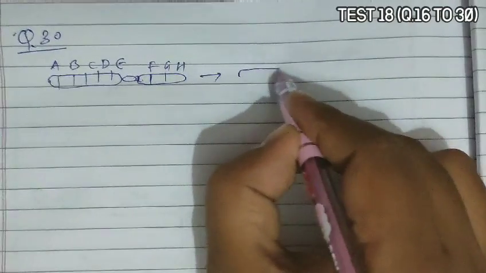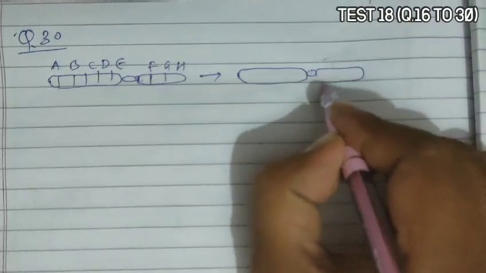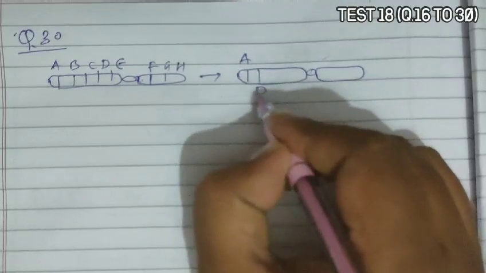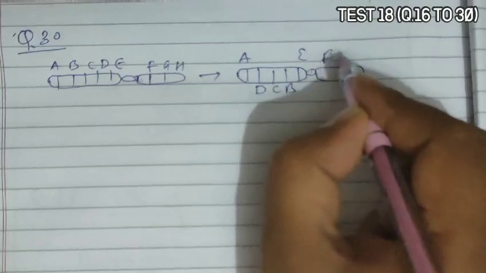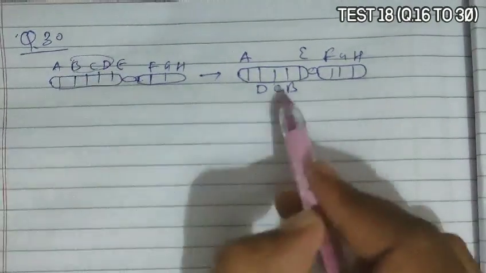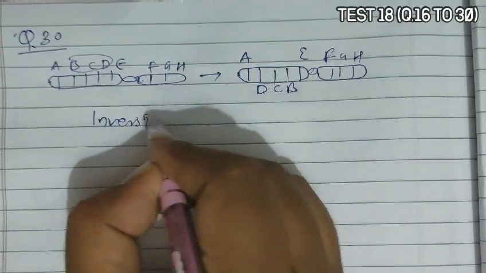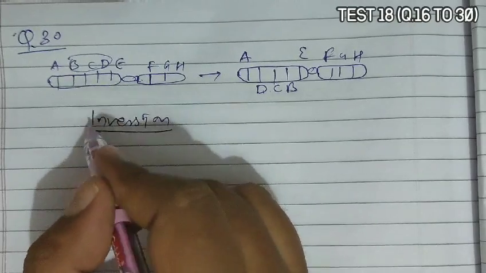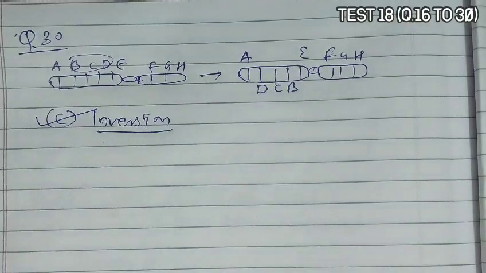These are modified in this way, and here you will find A and D, C, B and E genes. F, G, H are as they are. So B, C, D is changed into D, C, B, which means inversion has occurred. Inversion is when a piece of chromosome is removed and replaced in reverse order. That is the correct answer. So option C is the correct answer.